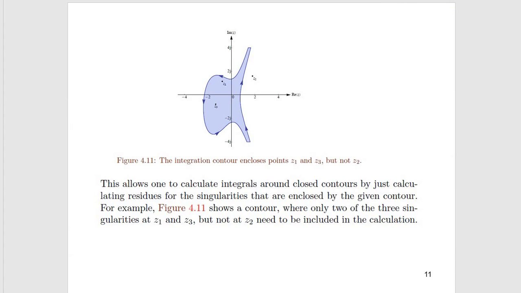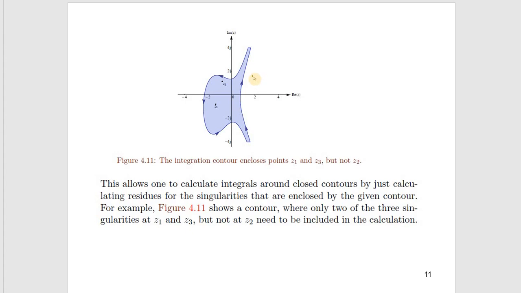Now let's refer to this Figure 4.11. The integration contour encloses points z1 and z3 but not z2. As you can see, z1 and z3, both poles, are inside the contour, except z2. z2 is outside, so we do not need to include it in the calculation.